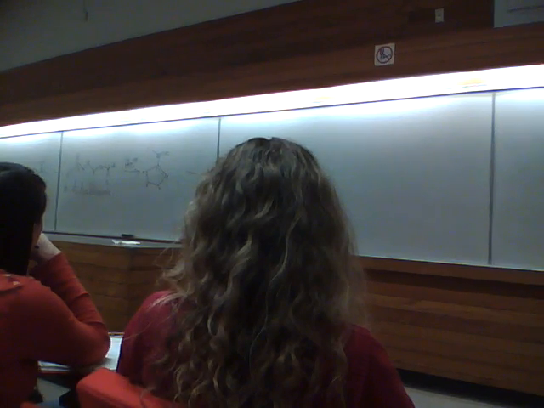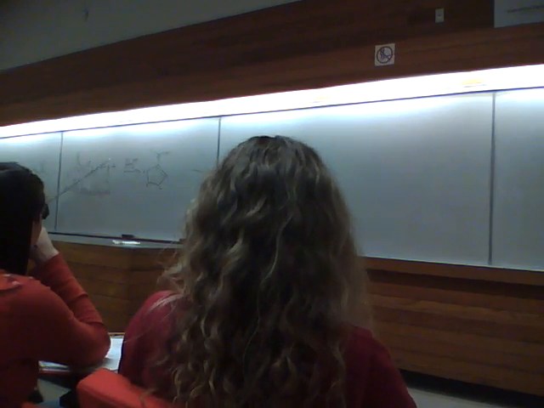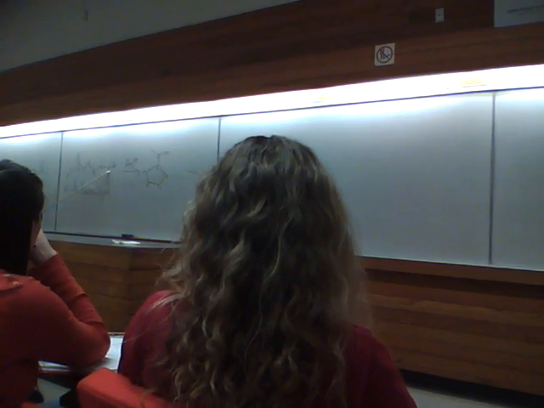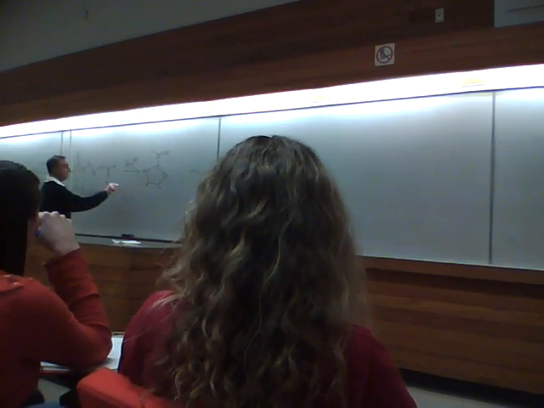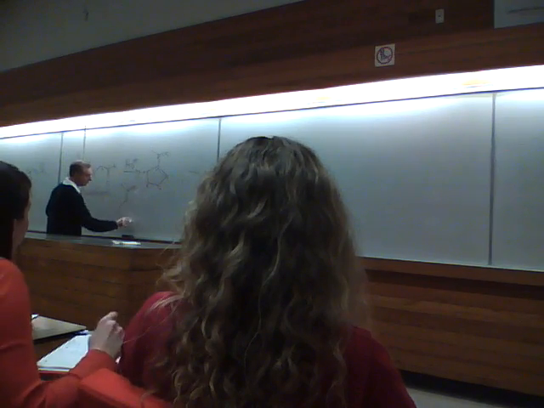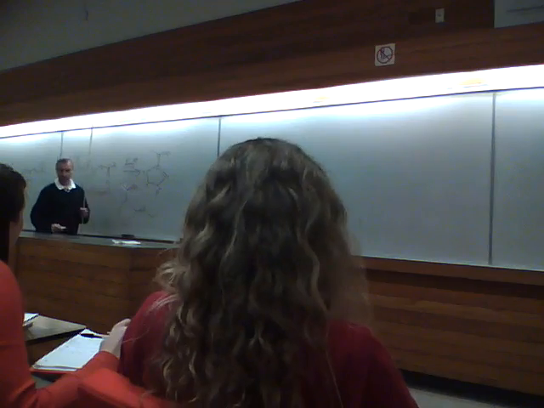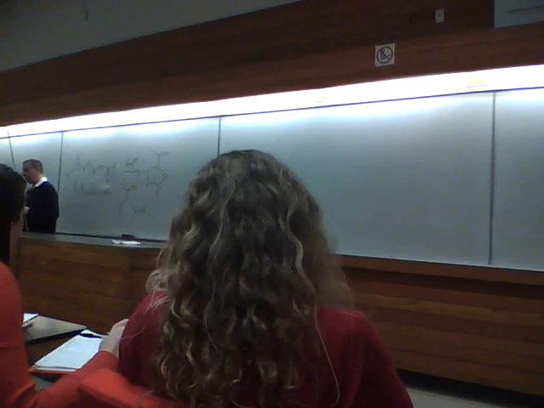And it turns out that the fastest process is the one in which that attacks that carbonyl to give you an aldol, which I can write up. So the intermediate aldol is this, and that then loses water.